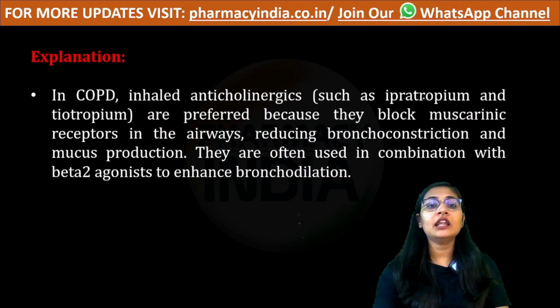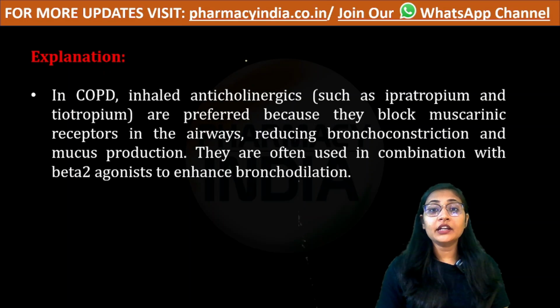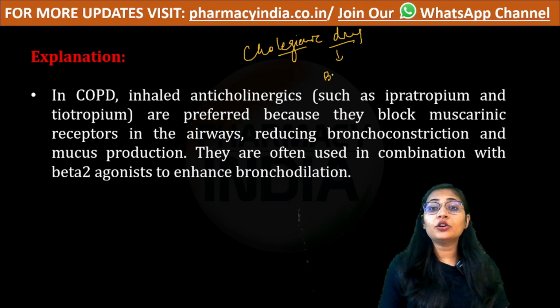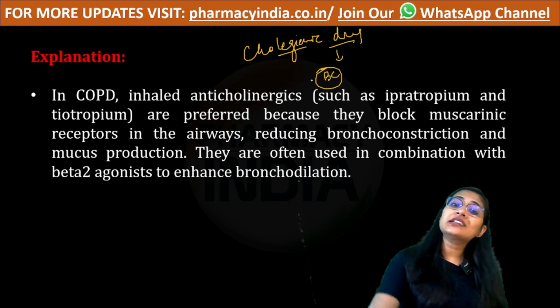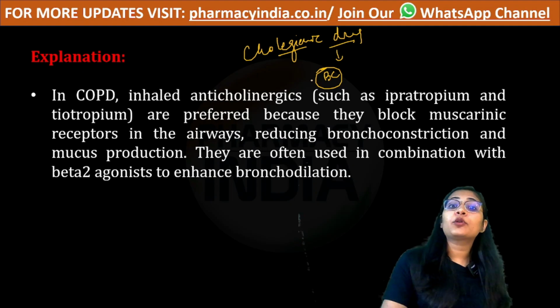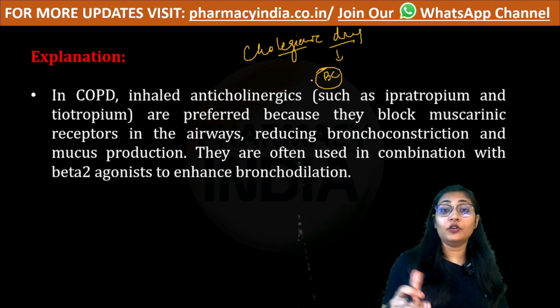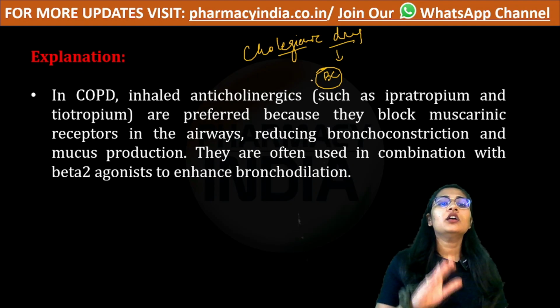Anticholinergic agent. Now, see, what does cholinergic do? If we look at the cholinergic drugs, cholinergic drugs basically cause bronchial constriction. If we inhibit this cholinergic activity, then bronchial dilation would be the action, correct?